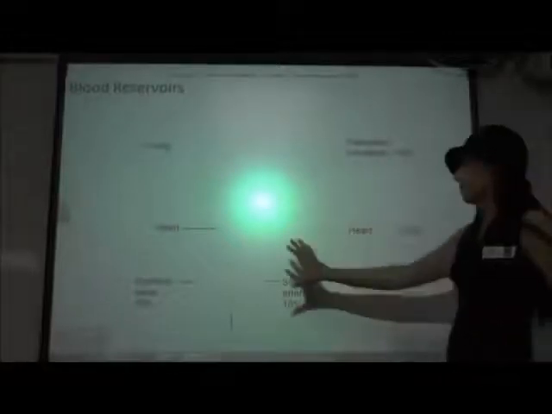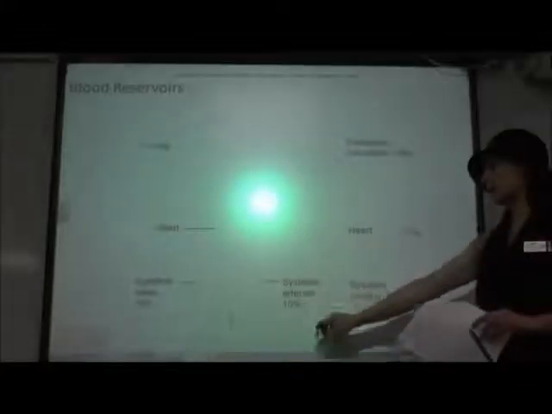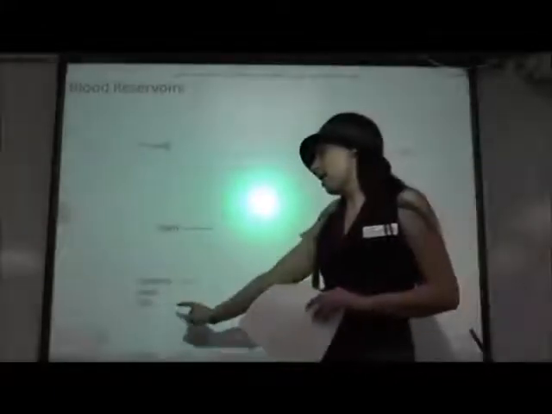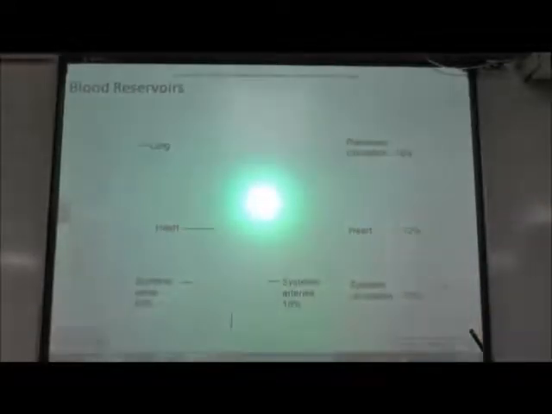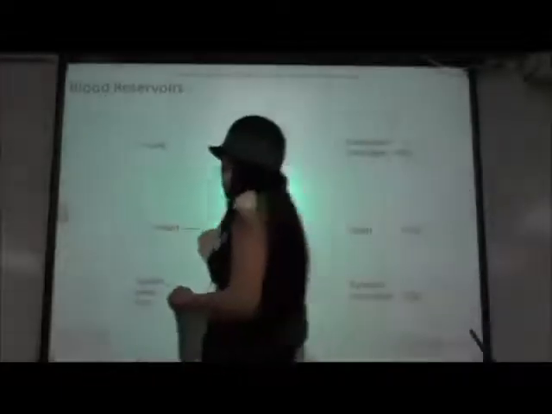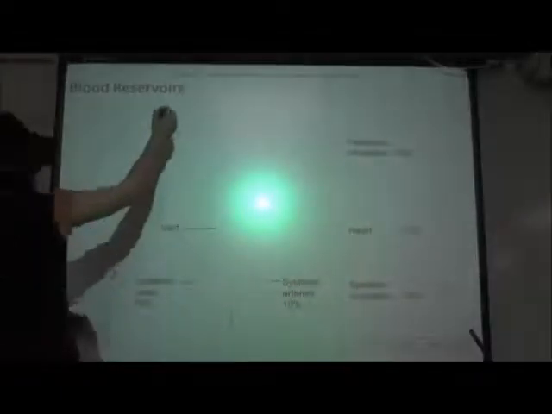The whole systemic circulation has the other 70%. Our systemic arteries are carrying about 10%, and 55% of it is hanging out in our veins. That means that our veins are holding most of our blood at any given moment. That's what makes them the capacitance vessels. They are blood reservoirs because they hold most of our blood at any given moment.